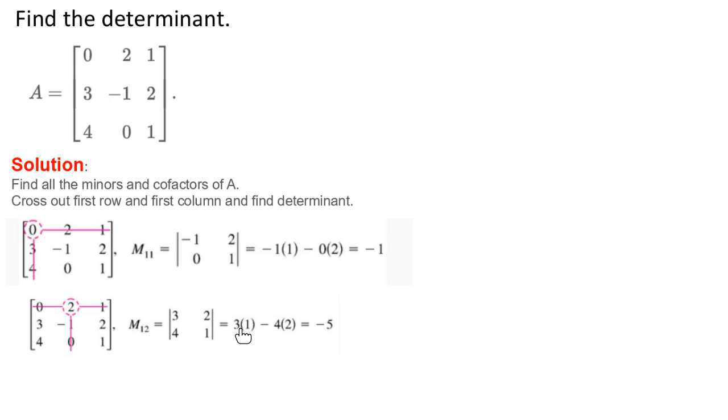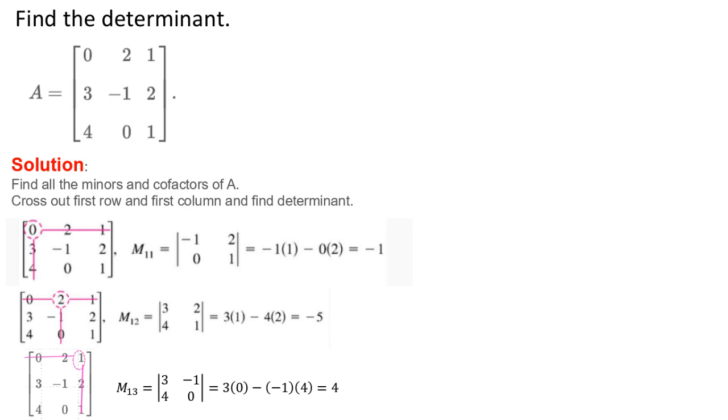3 times 1 is 3. 2 times 4 is 8. And so 3 minus 8 is going to be negative 5. And then I keep going. With the 1, I cross this out. I'm left with this matrix here. 3 times 0 and 4 times negative 1 is 4. And we do it with each number, right? So now I'm going to go down to the 3.